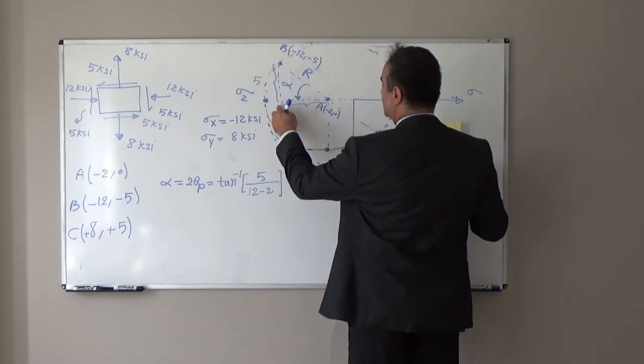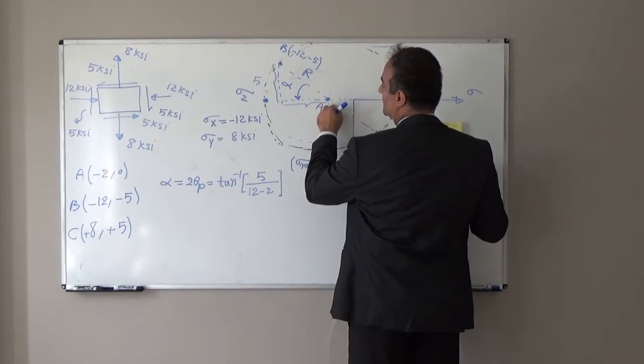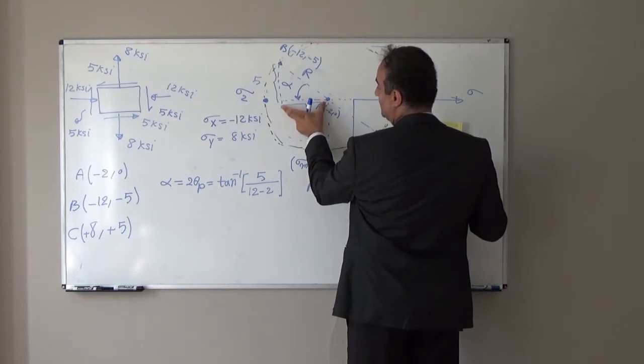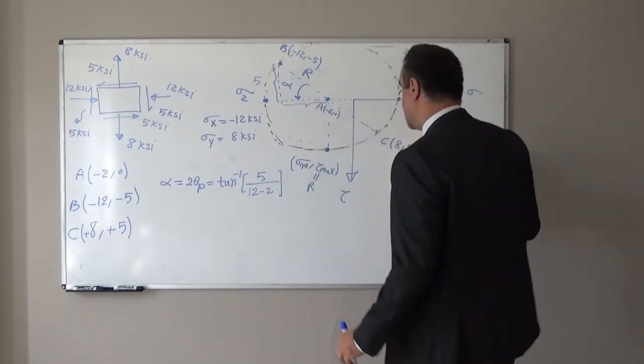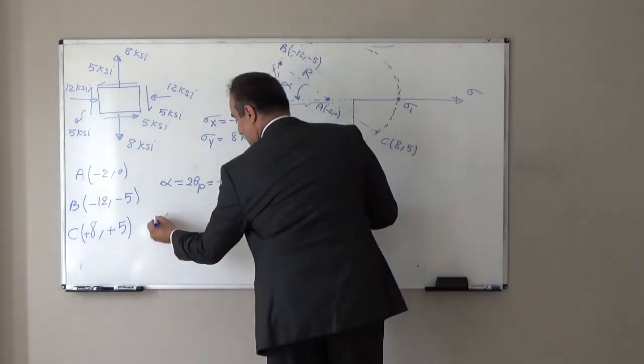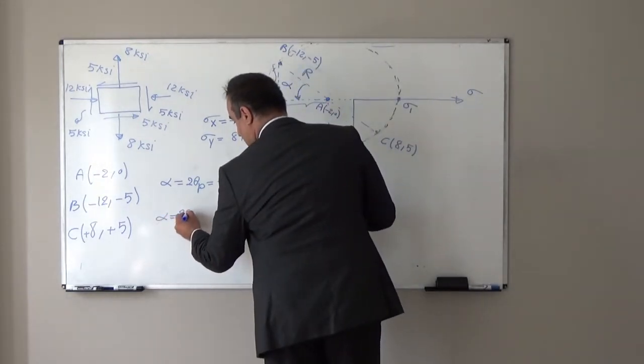So here it is negative 12, here is negative 2. So this length will be 12 minus 2. From here, alpha will be equal to theta P.